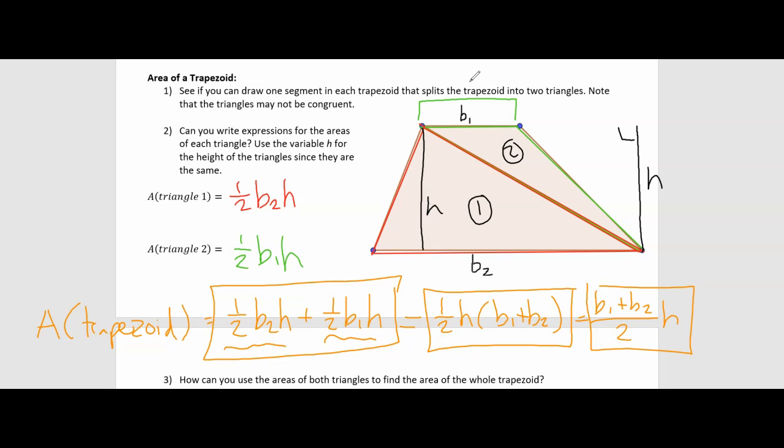You could do it based on your knowledge of triangles. And again, it's also cool to understand why the formula for a trapezoid is 1/2 h times the quantity b1 plus b2. Where does that come from? Is it just random? Well, no, it's not random. It's based on the fact we can break any trapezoid down into two triangles.